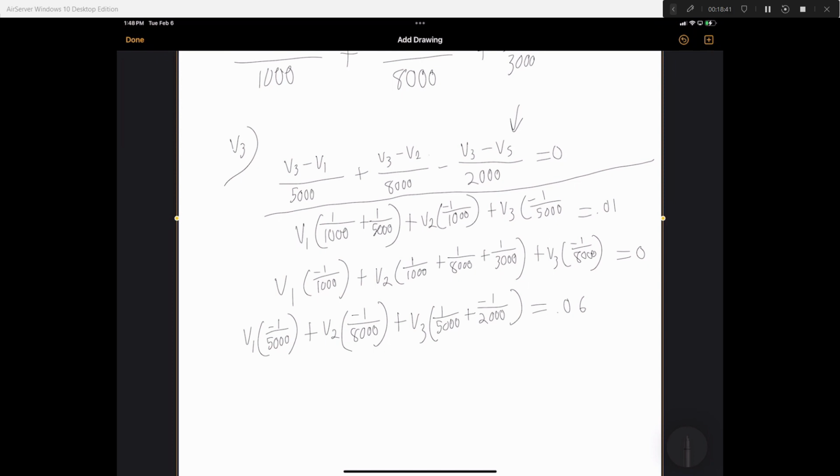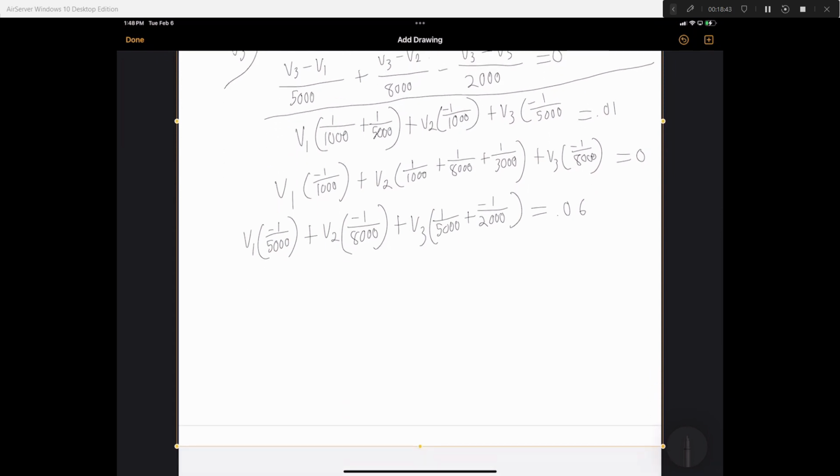So if you were to do a matrix, if you were to do it realistically, you would have to sum up the V1s, the V2s, and the V3s for each one, so you have one number for each of those to plug in. And you'll have a 3 by 3 matrix here.